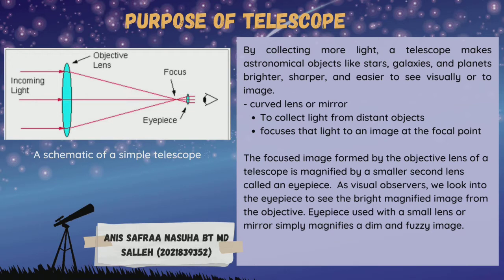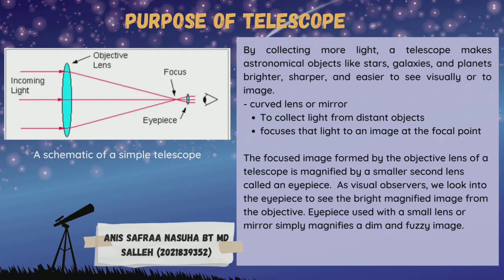But an eyepiece used with a small lens or mirror simply magnifies a dim and fuzzy image. So although magnification is useful, it has no effect in helping you see detail in a telescope.